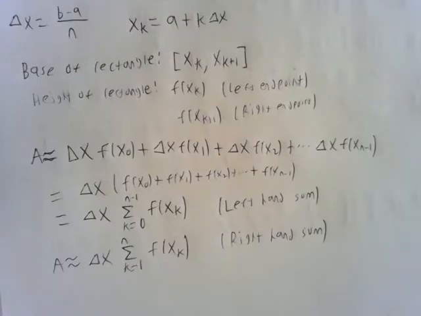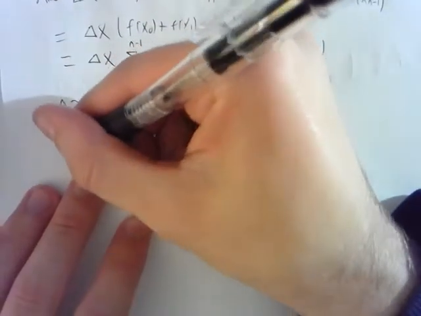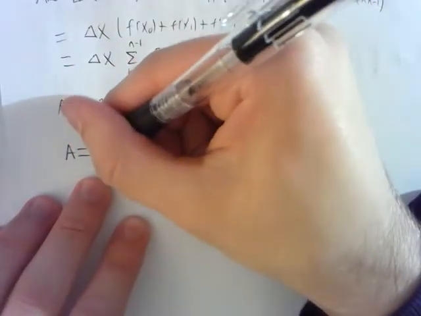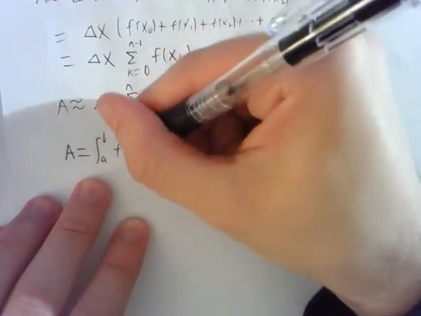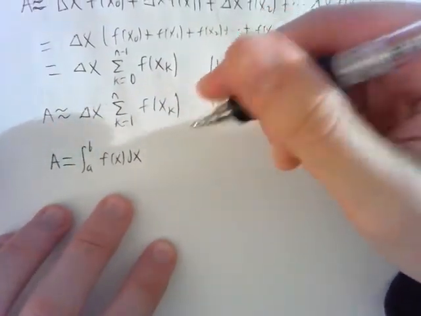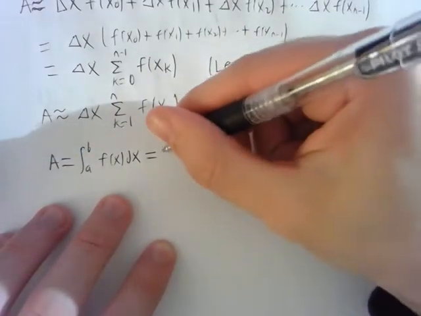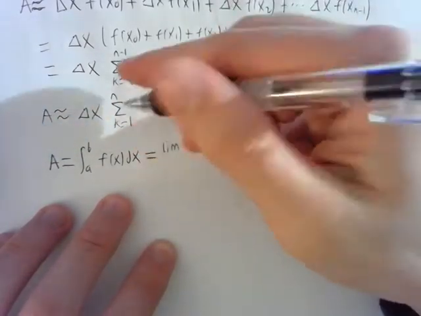If we want to get the exact value of the definite integral of this function, then what we would do is add up all these rectangles. And so we would take the limit of this sum as n goes to infinity.